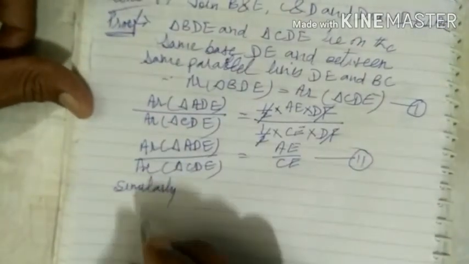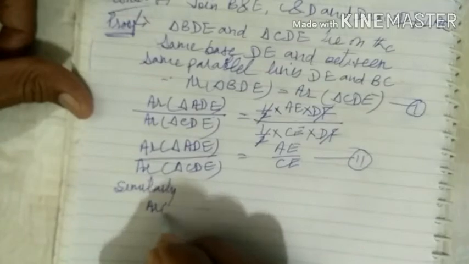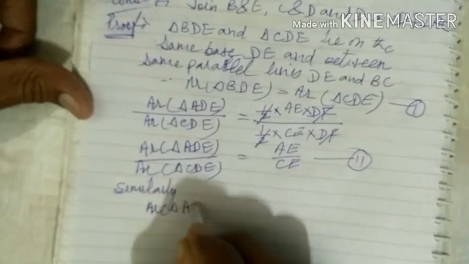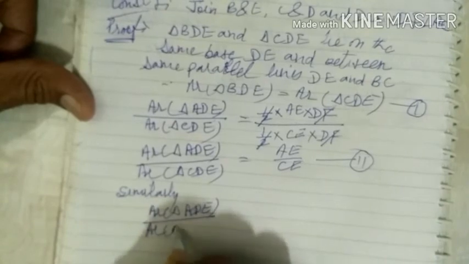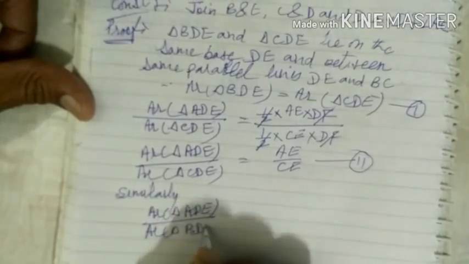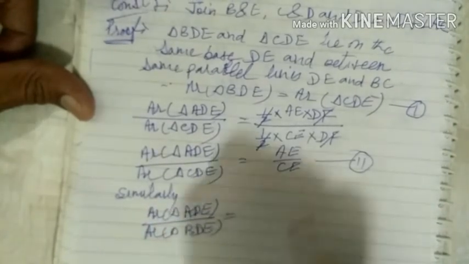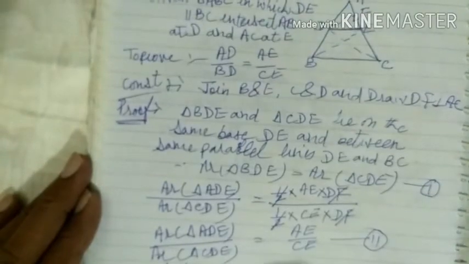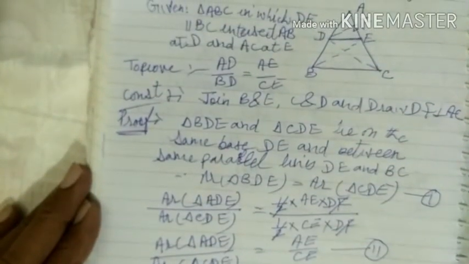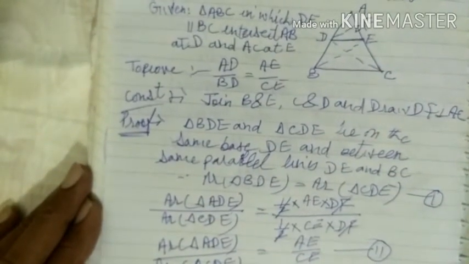Similarly, area of triangle ADE upon area of triangle BDE is equal to AD upon BD.